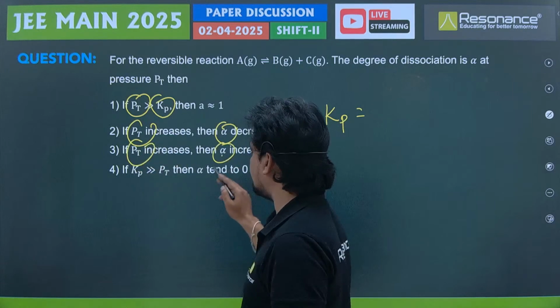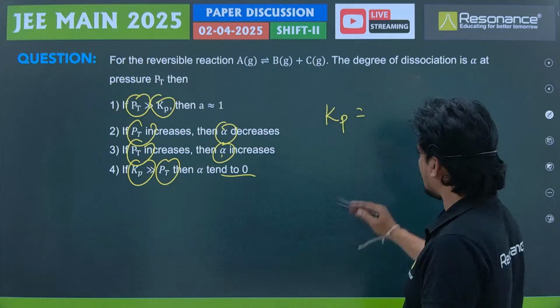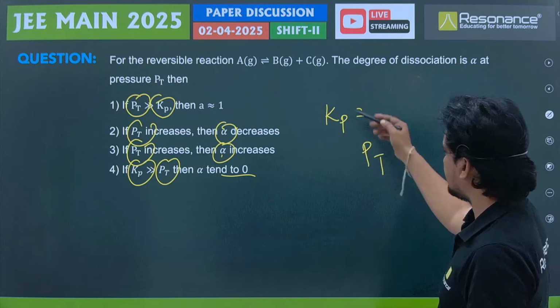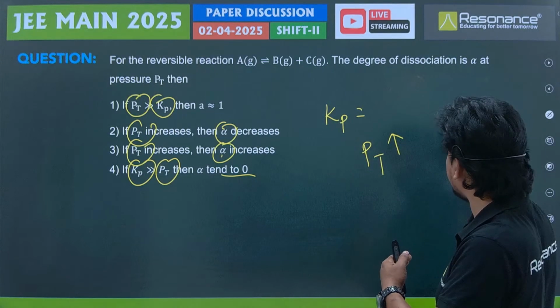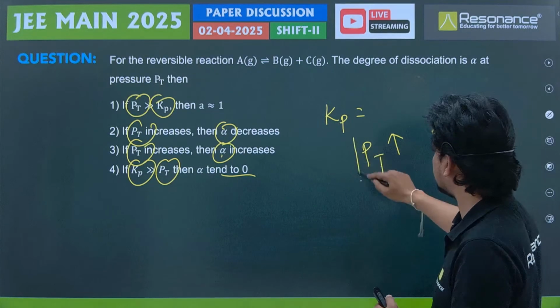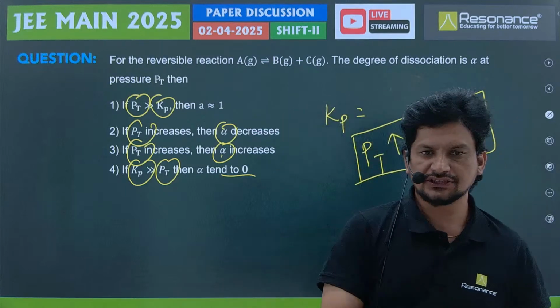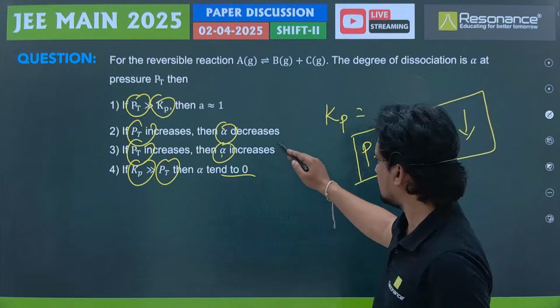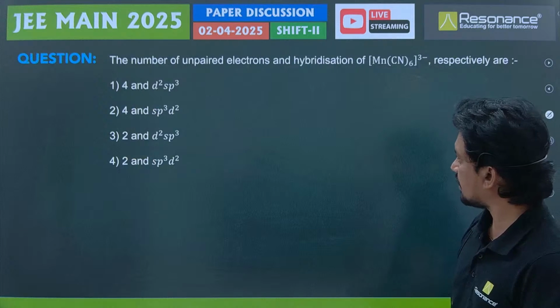So if you write the Kp equation, as P total increases, alpha decreases. Then what is the answer? The answer is the second one. Second is the option, right?